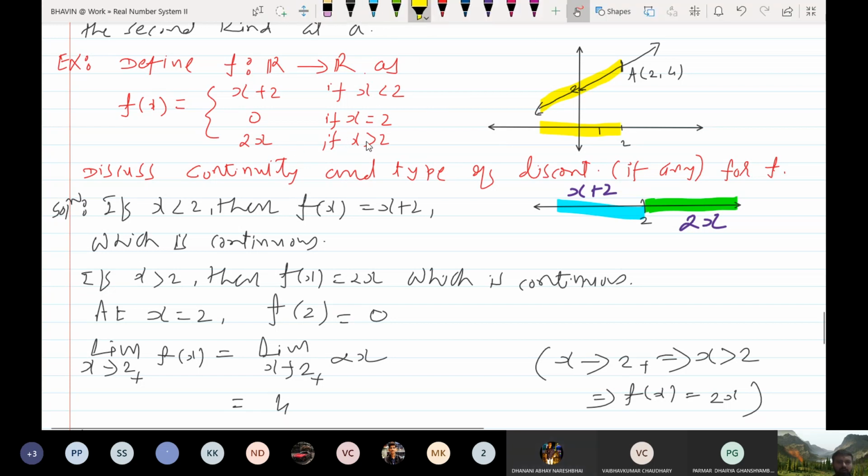Now, if your x is greater than 2, 2 से बड़ा है तो ग्राफ क्या होगा? 2x. 2x का पोर्शन, तो 2x रिप्रेजेंट्स लाइन. और ये देखिए, ये कहाँ से पास होगी? (2, 4) में से पास होगी. इफ यू टेक x इक्वल टू 2, y इक्वल टू 4. यस, लाइन पास थ्रू. ये है ना, ड्रॉ करते हैं.